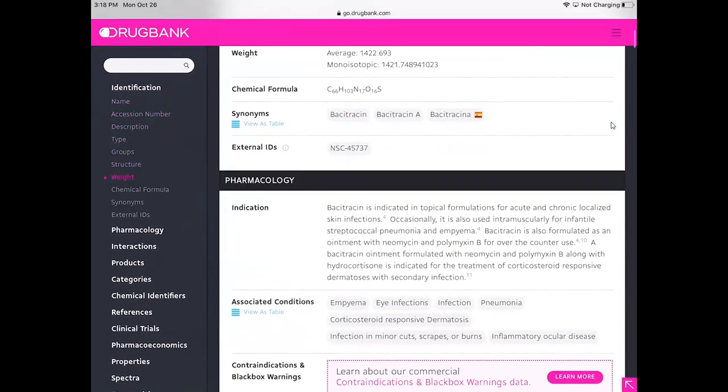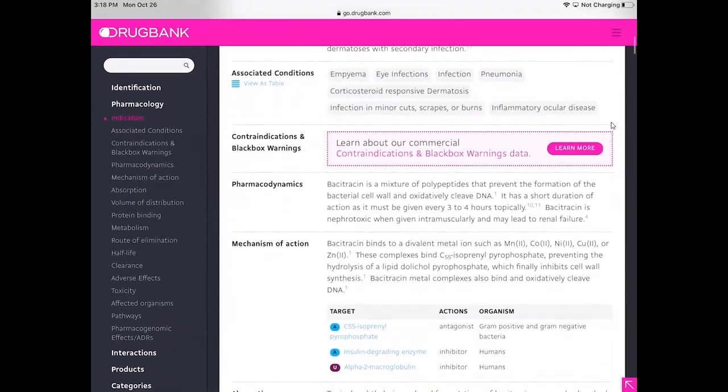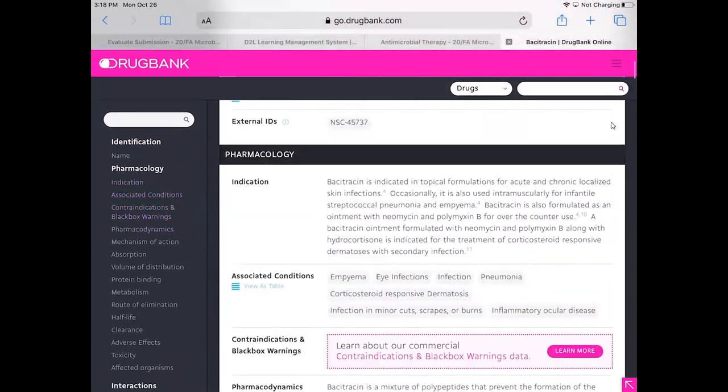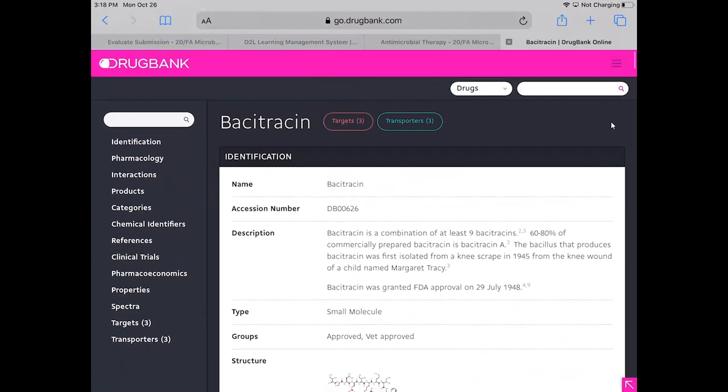But then down here, topical formulations are formulated as an ointment with neomycin and polymyxin B. I thought it was mixed with more than one thing, kind of like Neosporin is more than one thing too. I don't know that. I try to ask more big picture stuff than little tiny details.